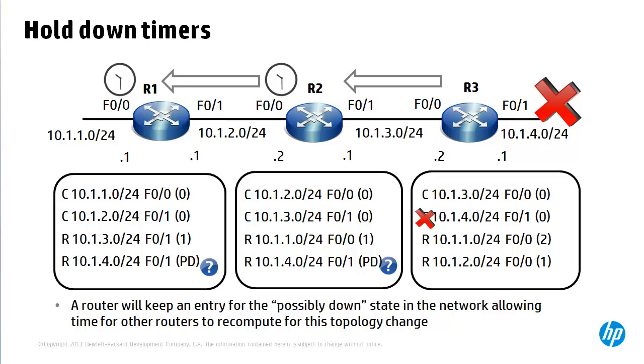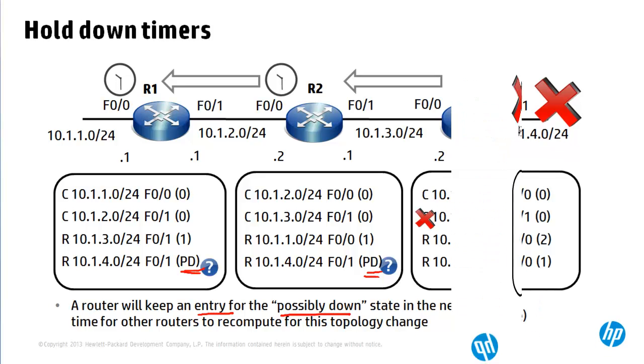The hold down timer tells the router to hold any changes that may affect the routes for a period of time. So a router will keep an entry in the routing table marked as possibly down, allowing time for the other routers to recompute this topology change.